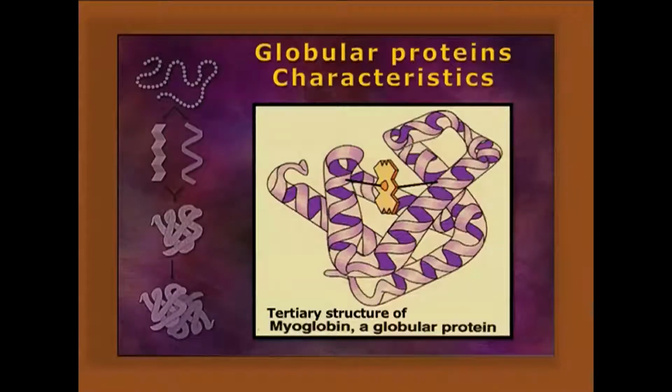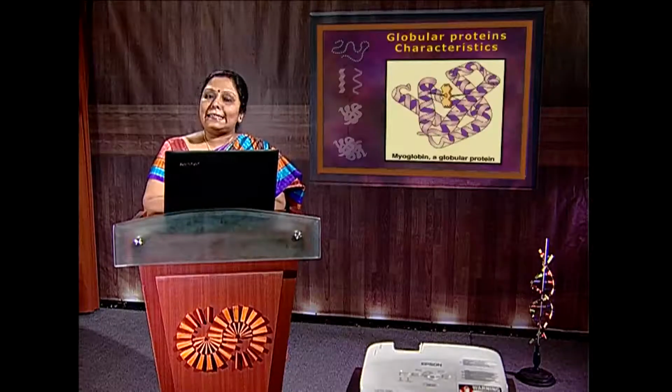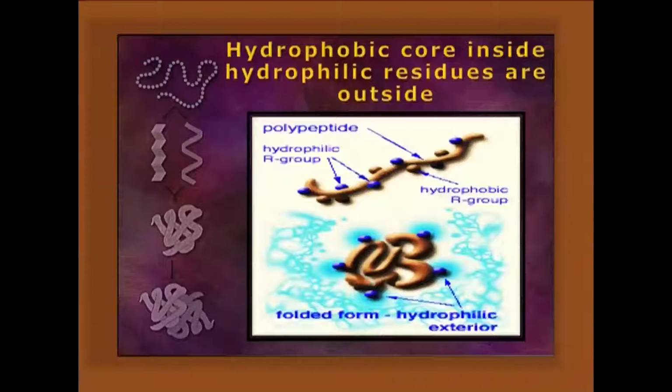Globular structure characteristics. As I have already told you, the three-dimensional structure gives rise to the compact fold, detected by what sort of structure? That is the globin fold structure, and it can be detected by light scattering. Here we can find the hydrophobic core on the inner side and hydrophilic residues protruding outside.